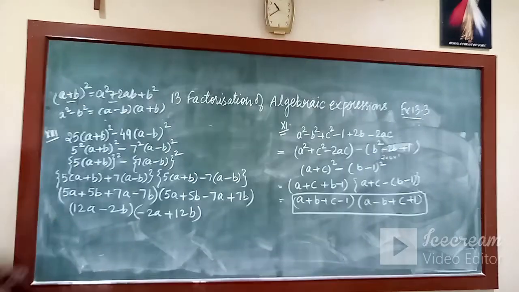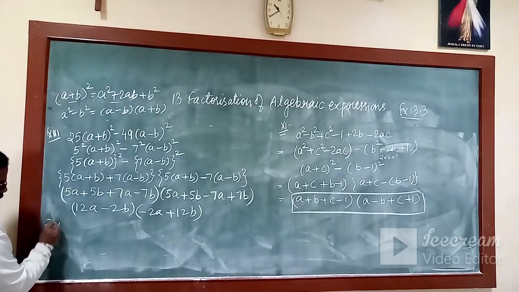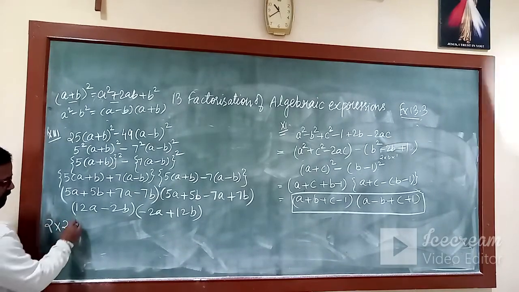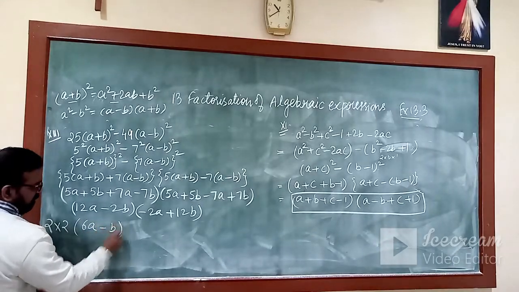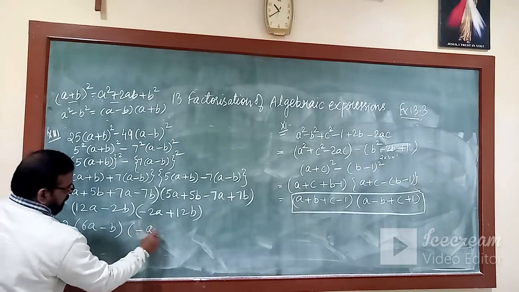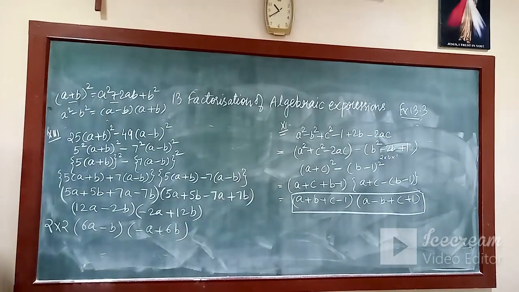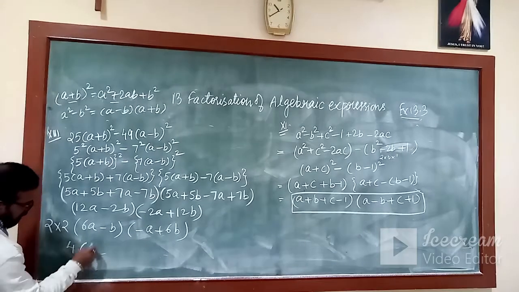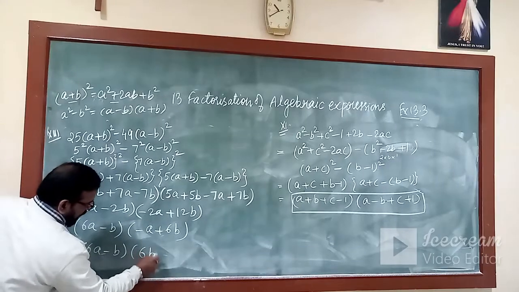From here I will take 2 as common, from here also 2 as common, so what is left? It is 6a minus b, and it is minus a plus 6b. So finally this will be our answer, 6a minus b into 6b minus a.